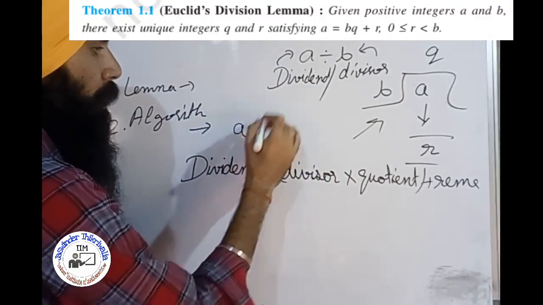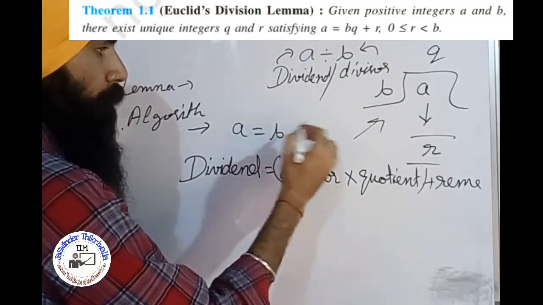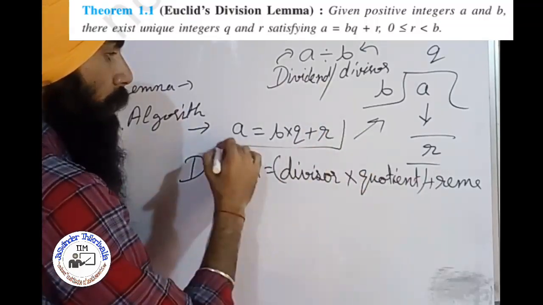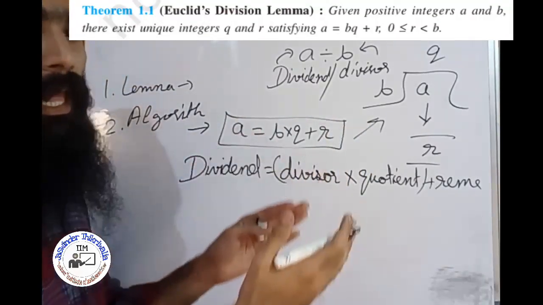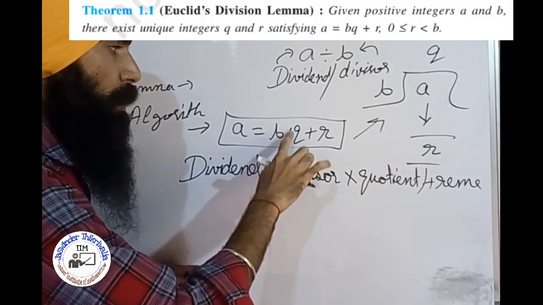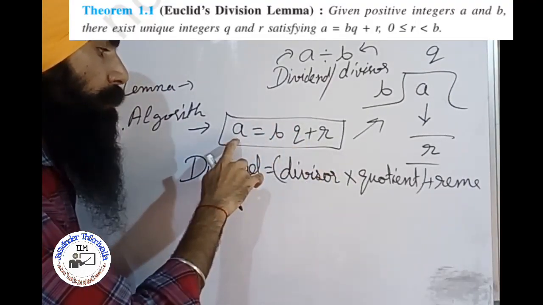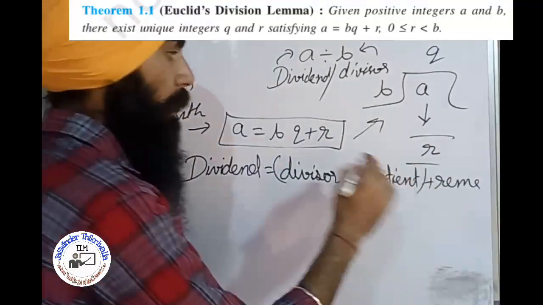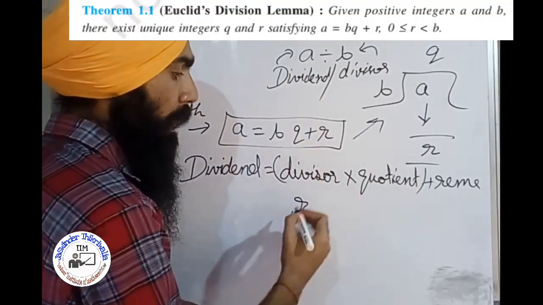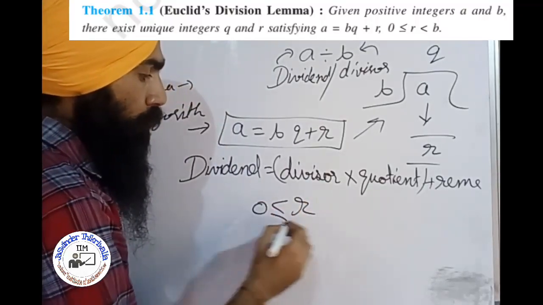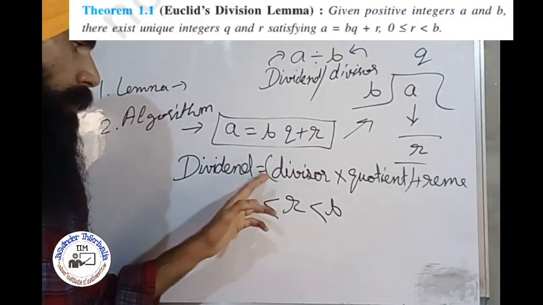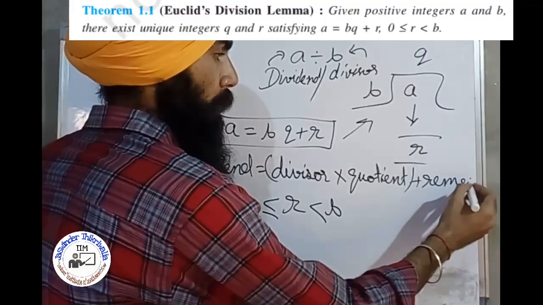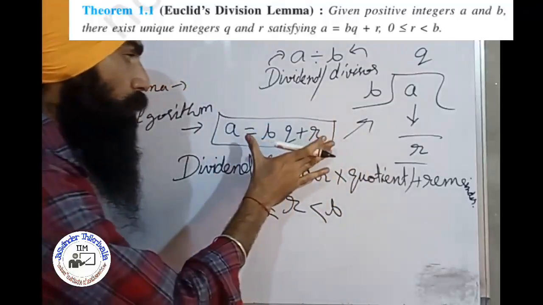The number a is the dividend, divisor is b, q is the quotient, and r is the remainder. So a is equal to bq plus r. The value of this r will be more than or equal to 0 but less than the divisor. Dividend is equal to divisor multiplied by quotient plus remainder. So it is your division lemma.